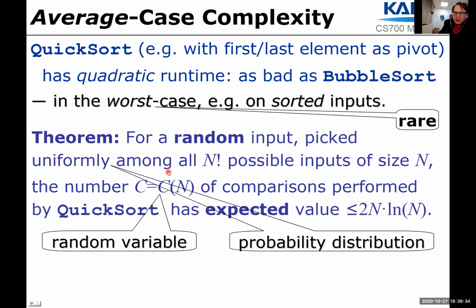And also let me point out that here we refer to a probability distribution on all inputs of size n. Well, for arrays, it's maybe reasonable to consider the uniform, the equiprobable distribution among all possible inputs of size n.